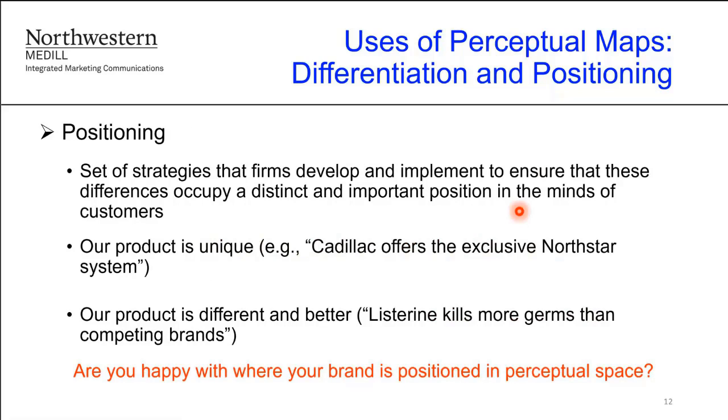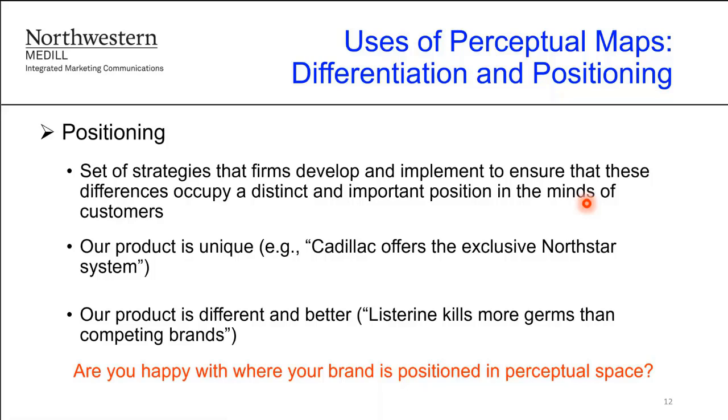The natural next step after the differentiation is positioning, right? Positioning is a set of strategies that firms develop and implement to ensure that these differences occupy a distinct and important position in the minds of customers. Again, the perceptual map is about the minds of customers.